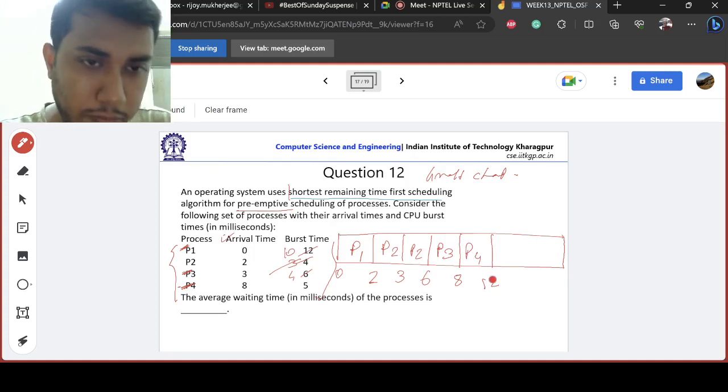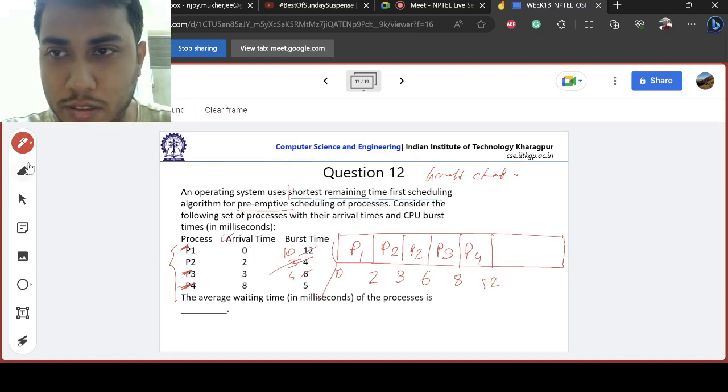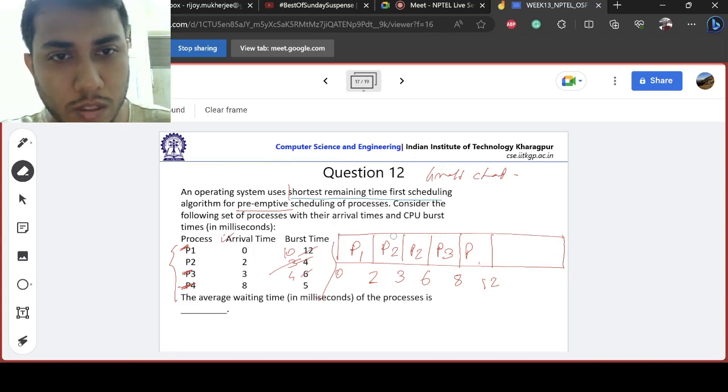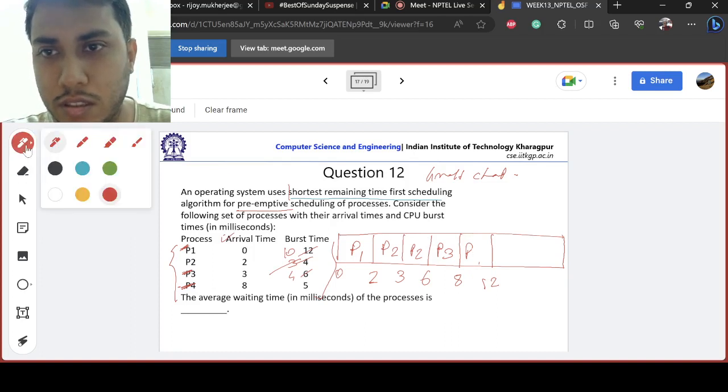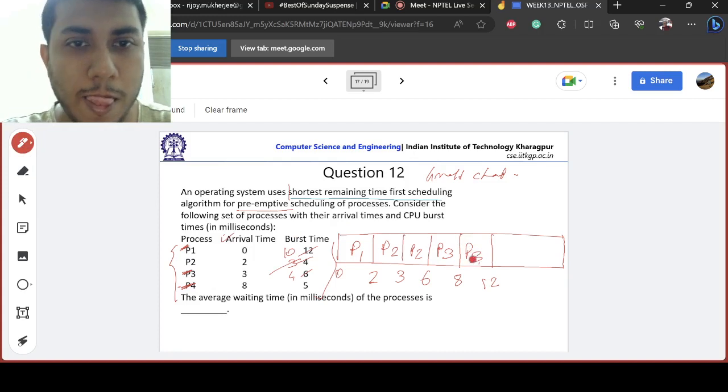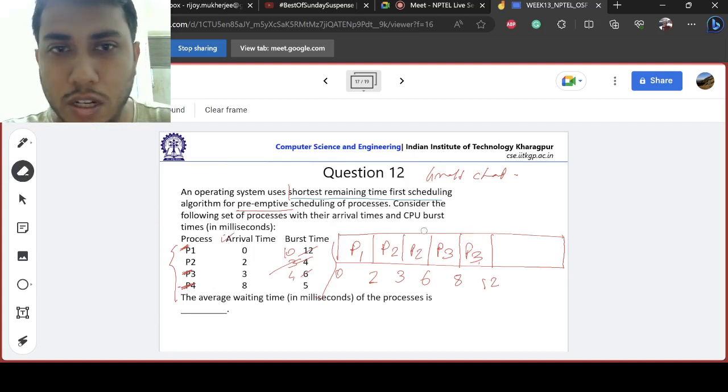At 12, P3 will be completed. So P3 is done.